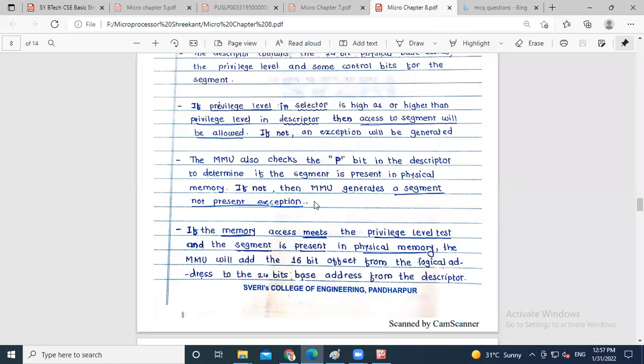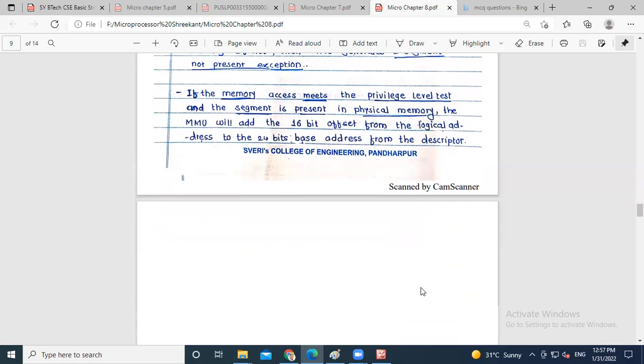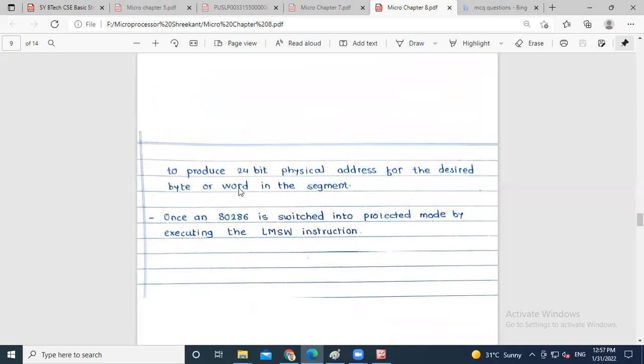So if the memory access meets the privilege level test and the segment is present in the physical memory, the memory management unit will add the 16-bit offset to the logical address. Here, the 16-bit offset address is added with the 24-bit base address from the descriptor, to produce the 24-bit physical address for the desired byte or word in the segment.